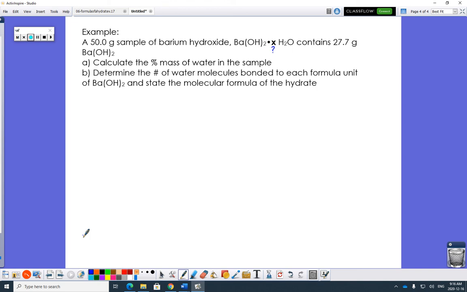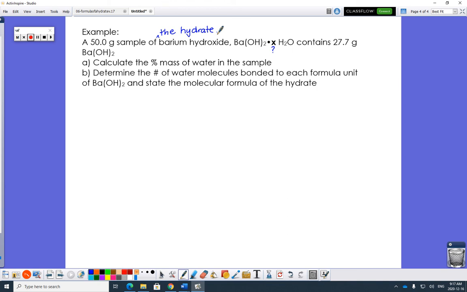So a 50-gram sample of barium hydroxide, and then it says the formula. Again, you don't have to do that. Sometimes it might even say a 50-gram sample of a hydrate. So what that means is we know the gram amount of the hydrate. We don't know how much of those grams are water, okay? Contains 27.7 grams of just barium hydroxide.